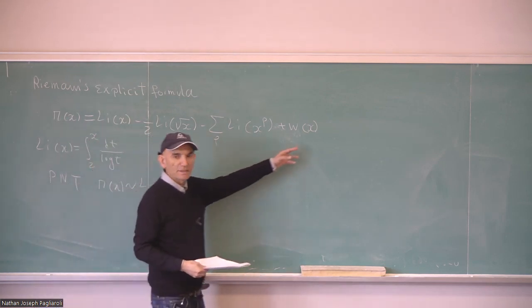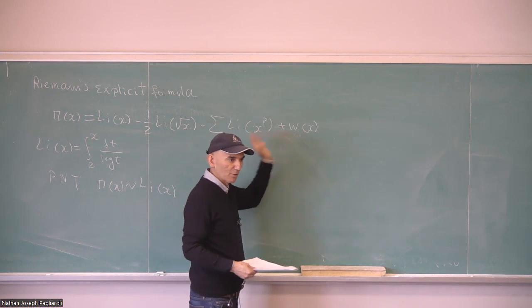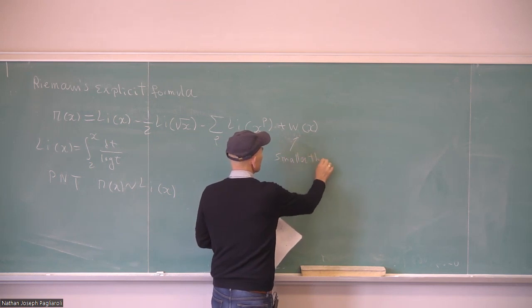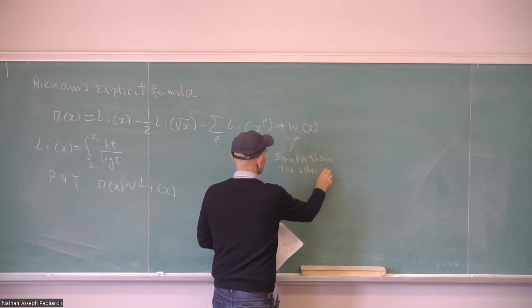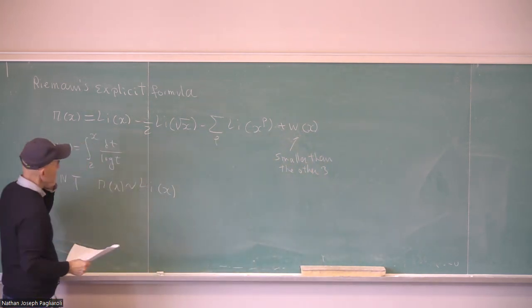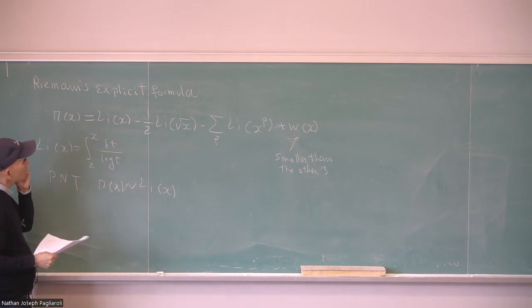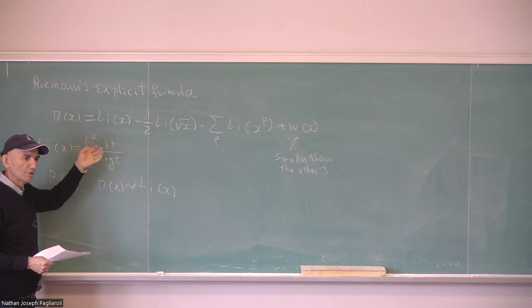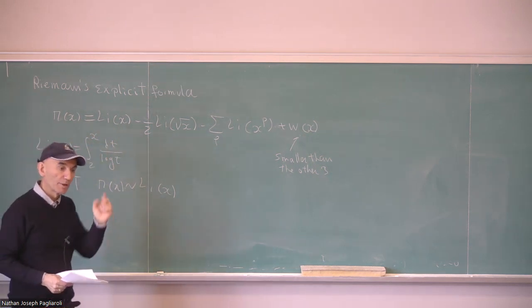W of x is a much smaller function compared to the others. This is smaller than the other three. Riemann's proof of this is almost correct. I'm not sure, but this has been proved. And this is also equivalent to the Riemann-von Mangoldt explicit formula.